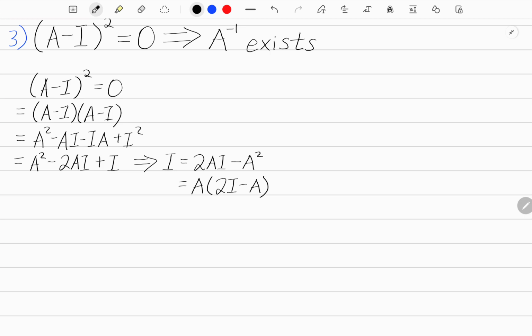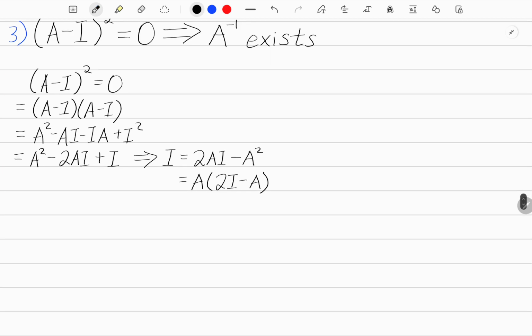But what can we conclude right here? We conclude that A times this matrix gives you the identity, and that's exactly what the inverse means. A times A inverse gives you the identity, which equals A inverse times A. So here we have A multiplied by this other matrix, 2I minus A, that gives you the identity.